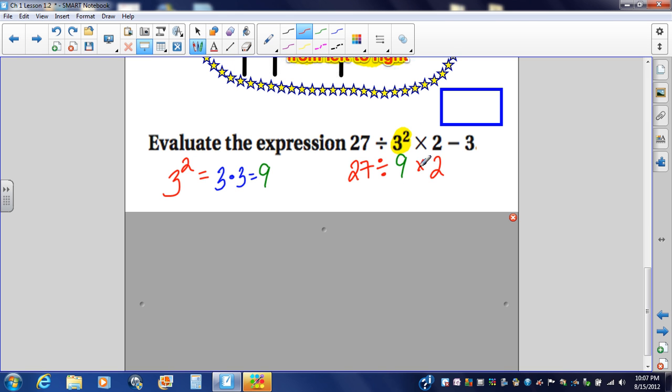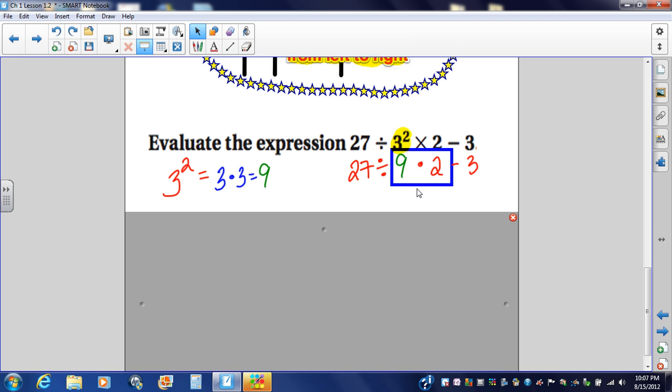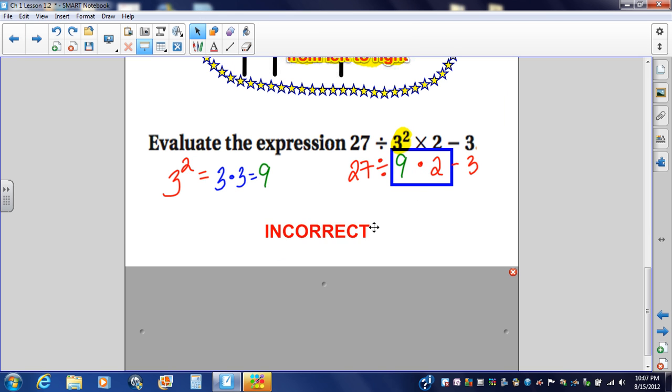And yes, I agree with you. That is a bad way for them to write the multiplication, so I'm going to write it with a dot. Minus 3. Now, this is where we are all making our mistakes in class, because most of us want to come right here and do multiplication first. That is incorrect. Why?